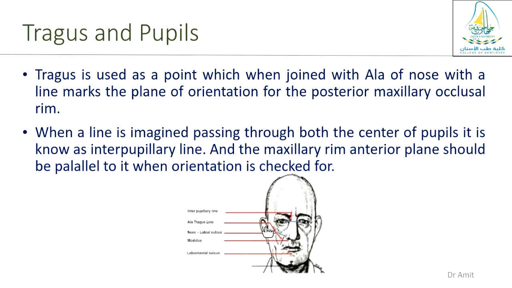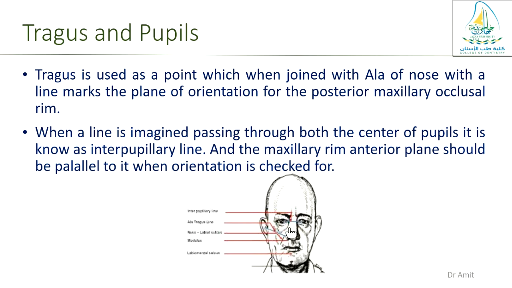If we join these two points by an imaginary line, this line is not present on the patient's face. We will be having the ala-tragus line, and this line is used when we do our orientation jaw relations. So you just need to know the name of this line as of now. In detail, it will be discussed in the coming lectures.